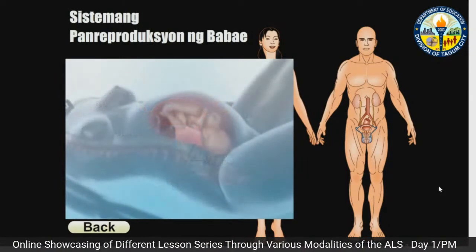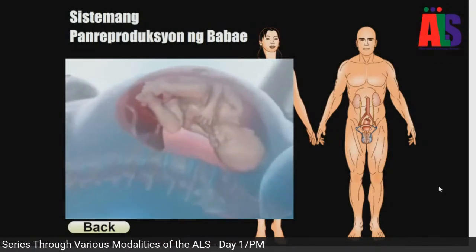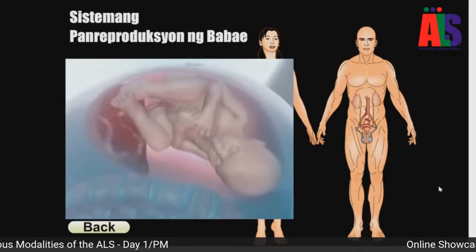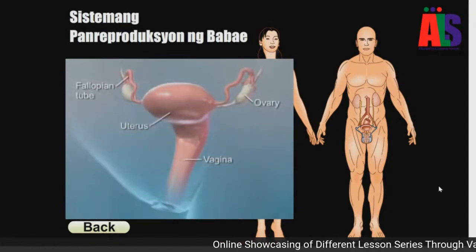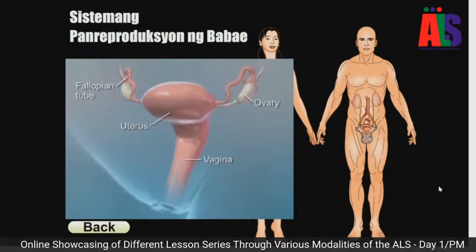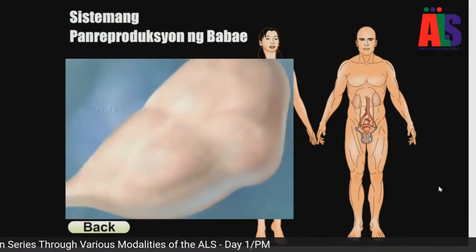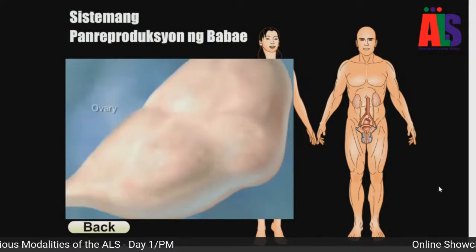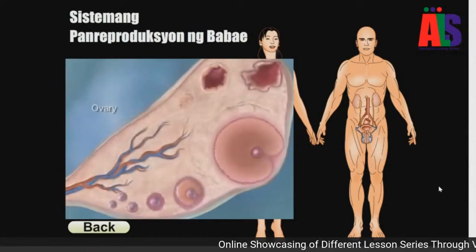Ang isang normal na babae ay maaari nang magdalang tao sa pagtungtong niya ng puberty hanggang sa kanyang pagme-menopause. Mas mataas ang posibilidad na mabuntis ang isang babae sa pang-13 o pang-14 na araw ng menstrual cycle. Ang kabuuang dami ng mga egg cell na maaaring mailabas ng isang babae sa buong buhay niya ay nasa kanyang ovaryo na mula pa nang siya ay ipanganak.